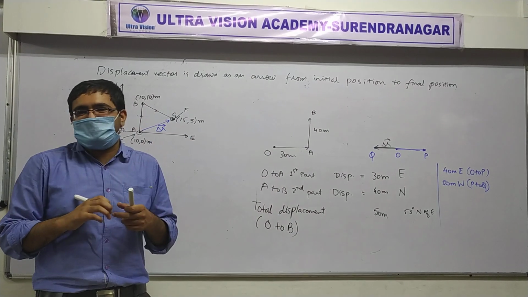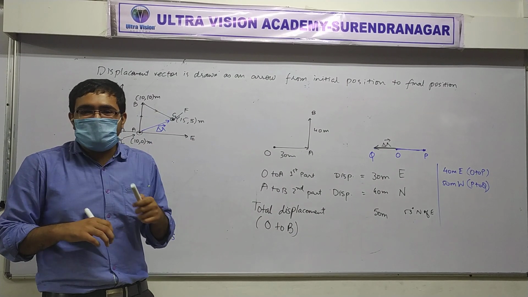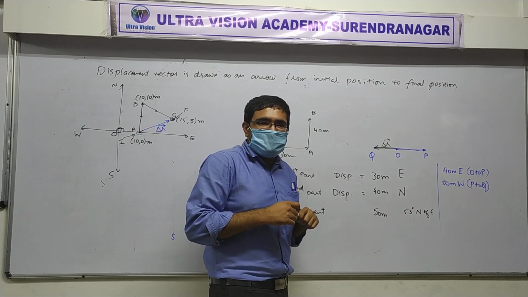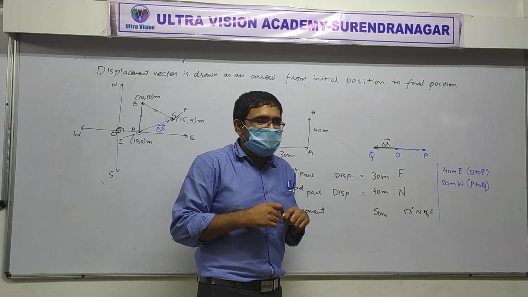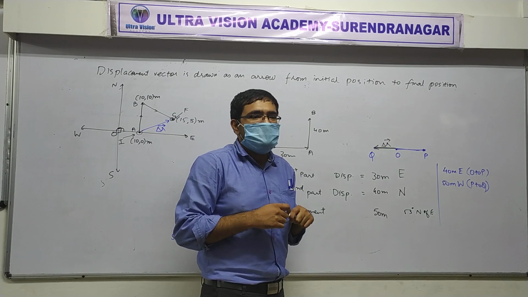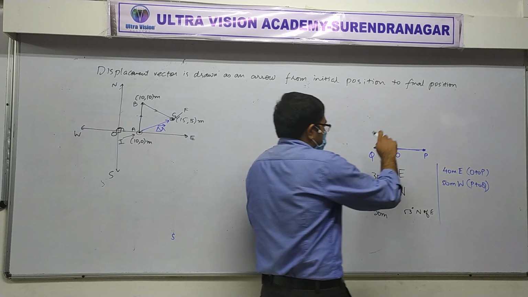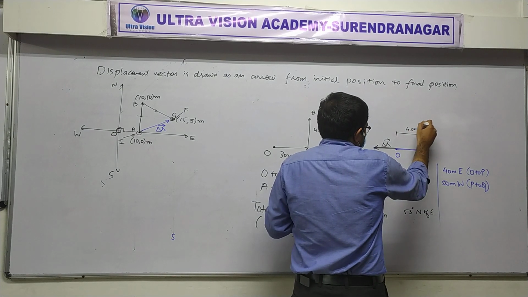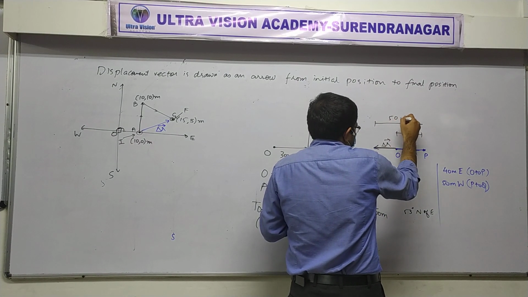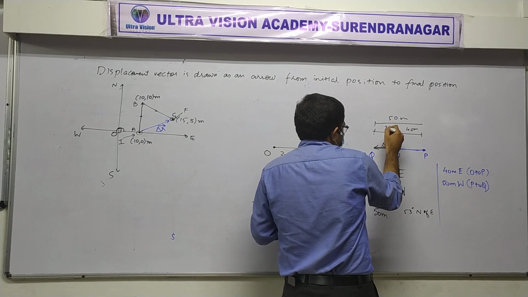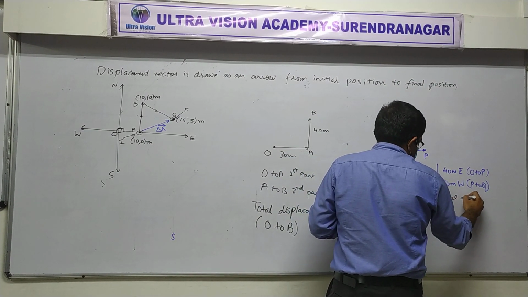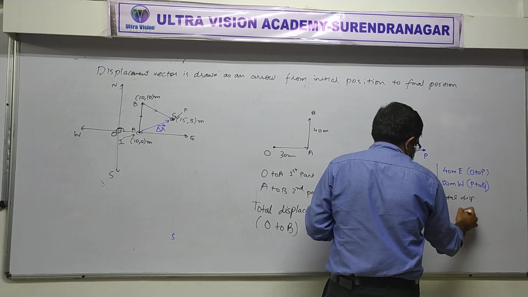So how much is the magnitude of that displacement vector? 10 meter. Yes or no? Is 10 not clear? Geometry the job. From here to here 40. Then from P to Q 50. So how much is O to Q? 10. Then okay, so total displacement is 10 meter.